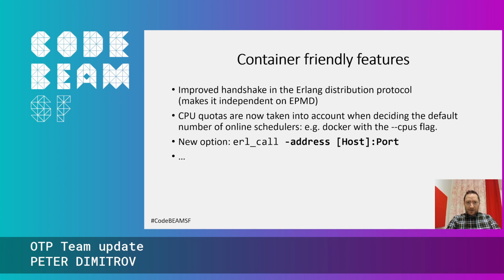CPU quotas are now taken into account when deciding the default number of online schedulers, thus improving performance in container environments where quotas are applied, such as Docker with the --cpus flag. Erlang got a new option called address that can be used to connect directly to a node without being dependent on EPMD to resolve the node name, and more features will follow.